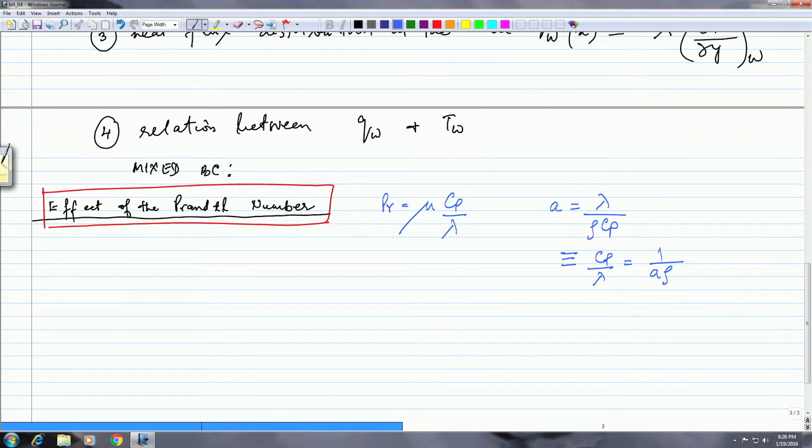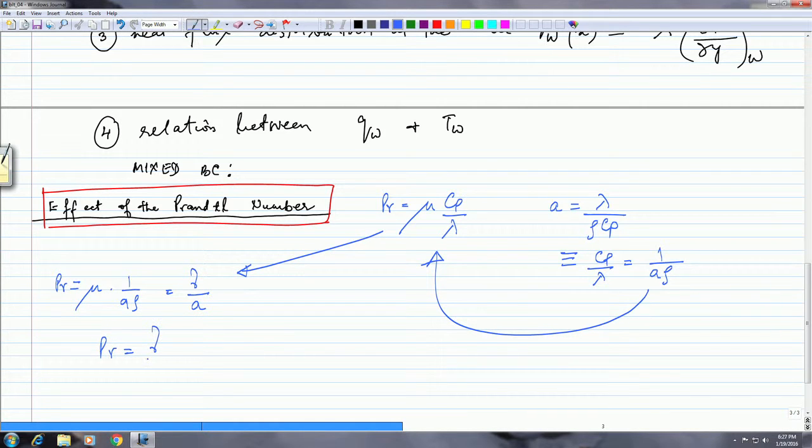If I put this back here, what I get is that the Prandtl number is equal to nu into 1 by A by rho, right? But we know that nu by rho is nothing but kinematic viscosity by A.